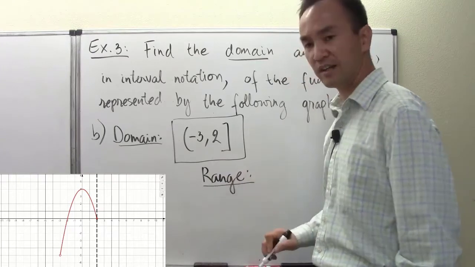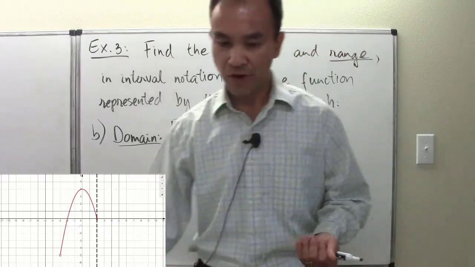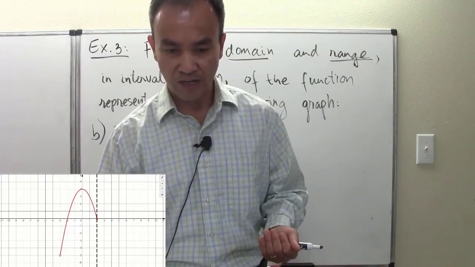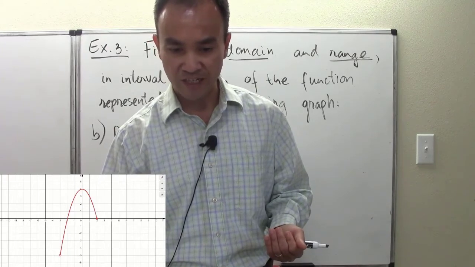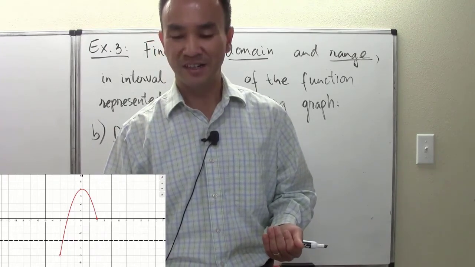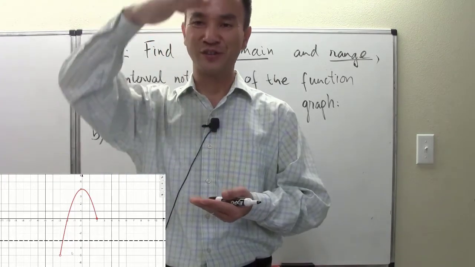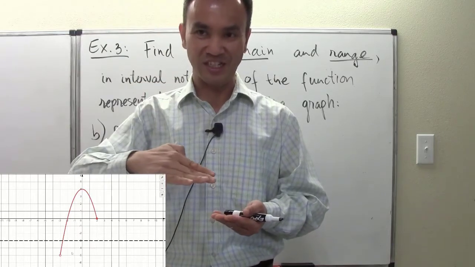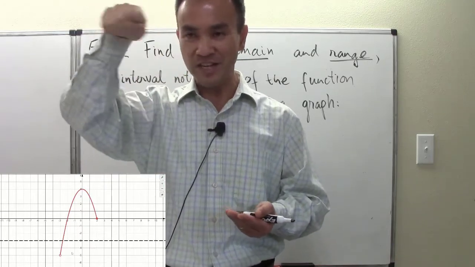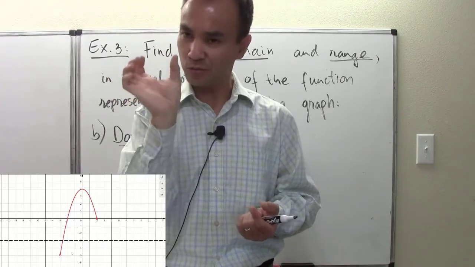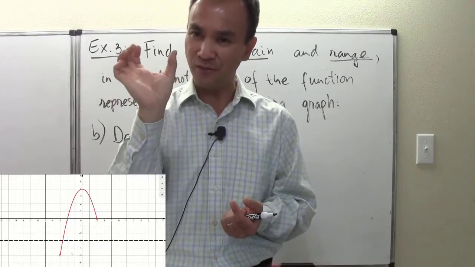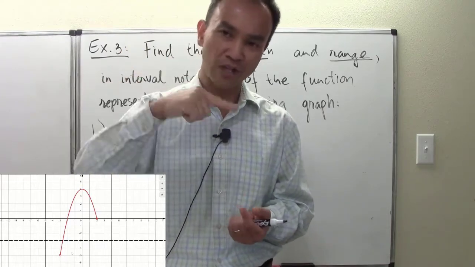All right, so now for the range. I am now going to hide away my vertical line, but instead I'm putting in my horizontal line. We're going to move the horizontal line up and down to detect which interval the line is going to cross with the graph.